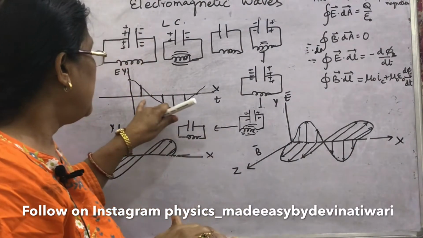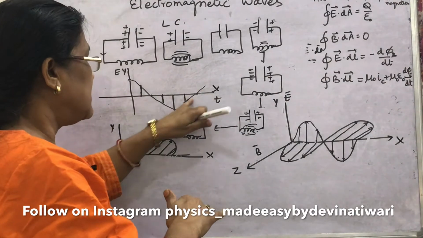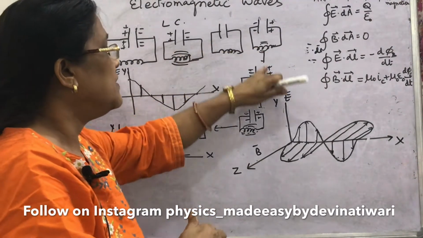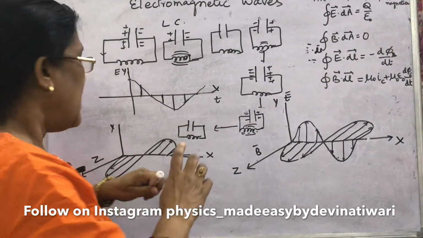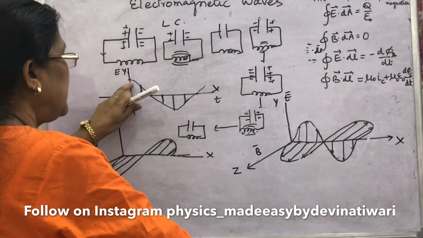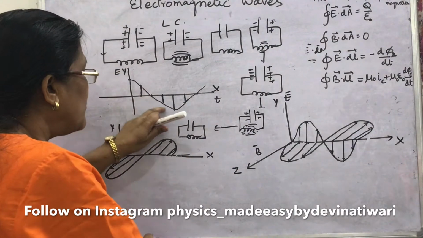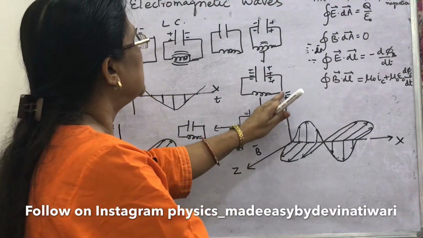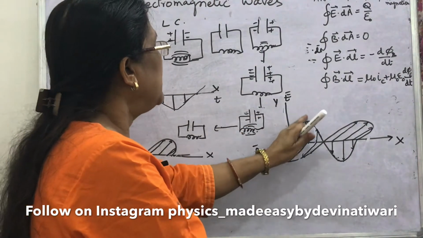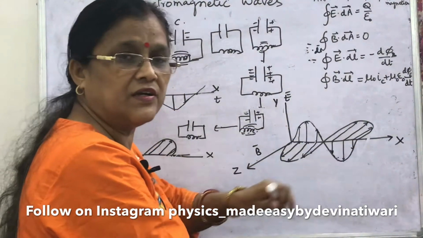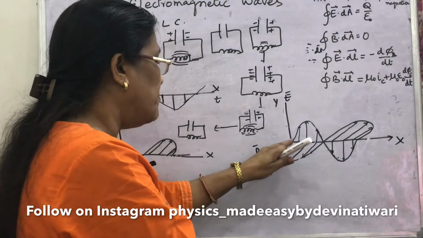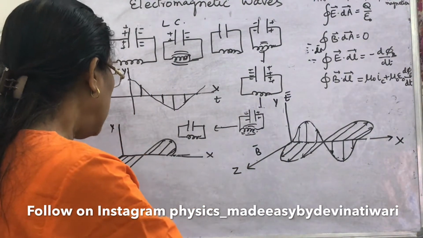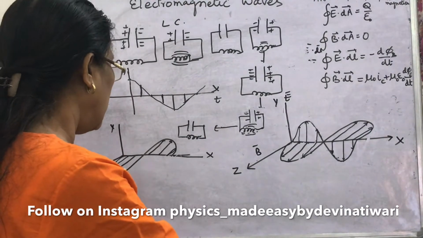So, if you represent the electric field in the LC oscillation like this, and consider this electric field in the form of a sine wave along the y axis, I have shown here the sine curve for the electric field along the y axis, and here the magnetic field in the perpendicular plane, along the z axis.